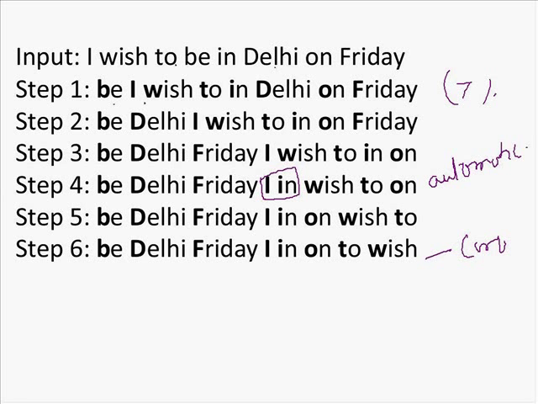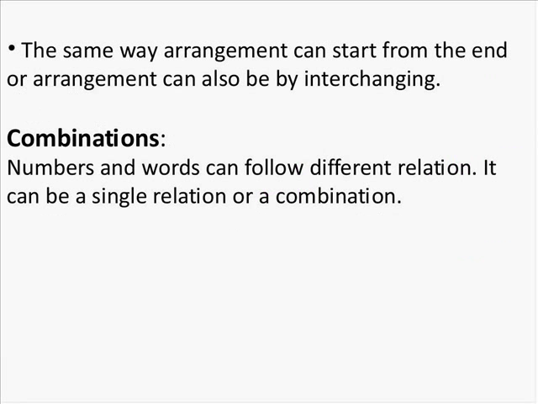Now this is better. I think not many people may have got how it takes place in this. Okay. Now we come to again a point. The same arrangement can start from the end or can also be by interchanging. Numbers and words can follow different relations. So this was what somebody asked in double switching.